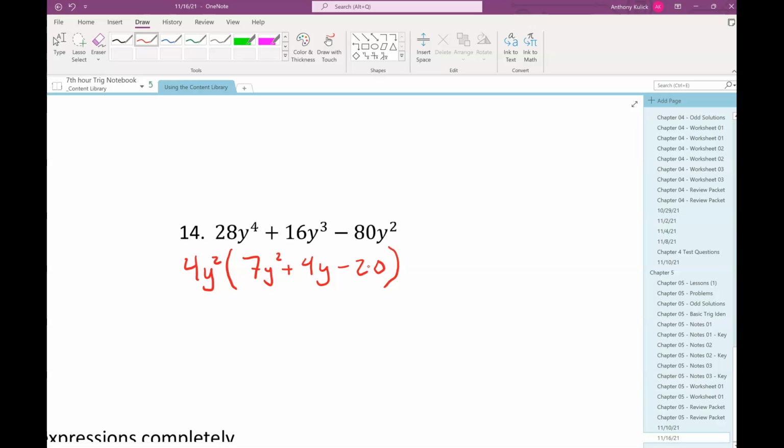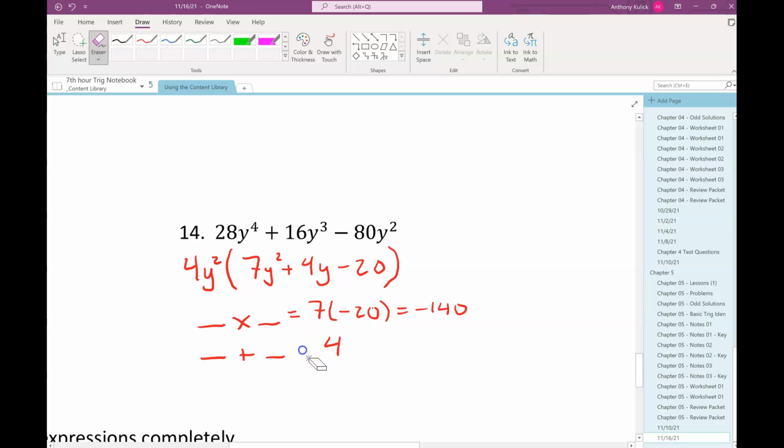3 terms, clearly. In the quadratic form, pretty clearly. Leading coefficient isn't 1, so it's going to be the long factoring problem. So what we're going to do is look for the 2 things that multiply to give us the leading coefficient times the constant term, and then add to give us the linear coefficient.